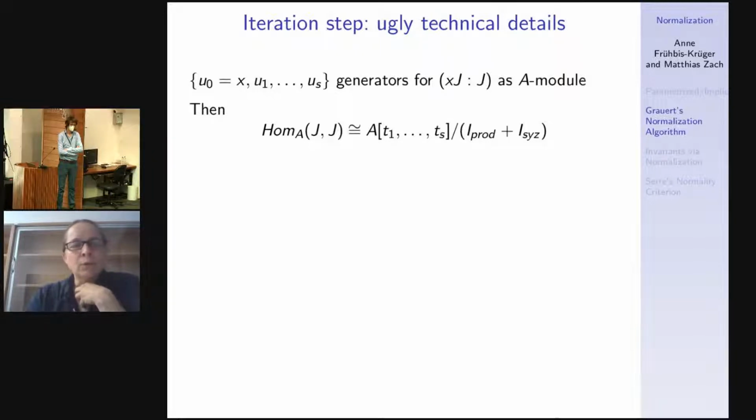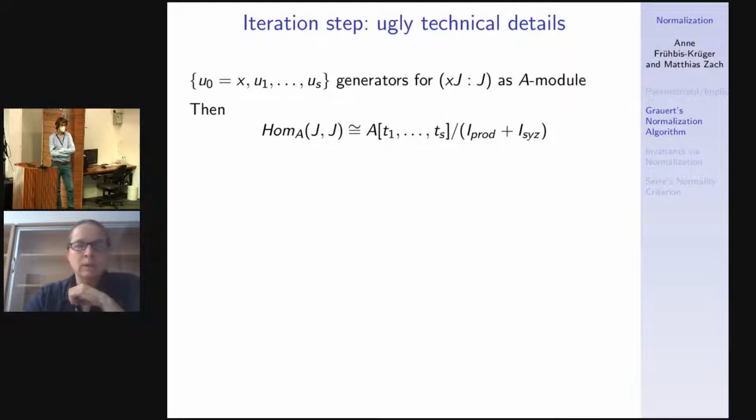And for the first generator, we take U0 equals X, the non-zero divisor we had fixed, and then we add the other generators. So to describe our A module homomorphisms from J to J, we then look at a polynomial ring having one variable for each of the generators except U0.